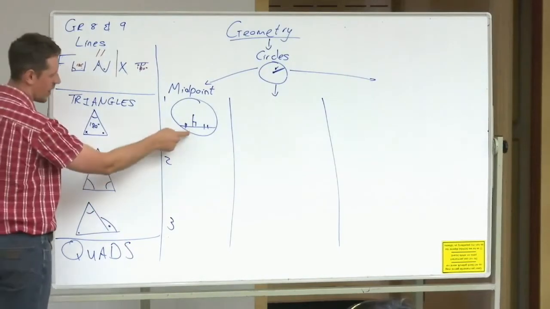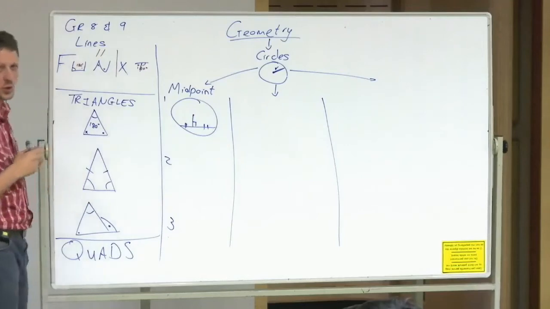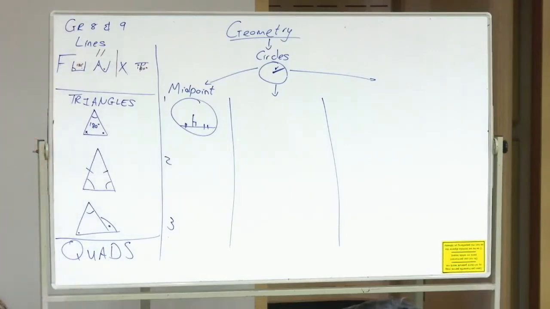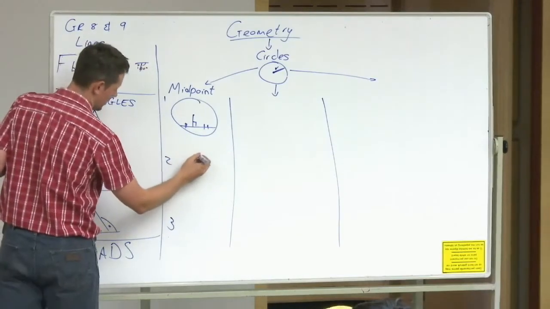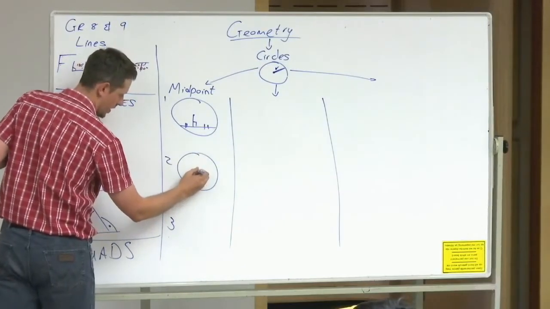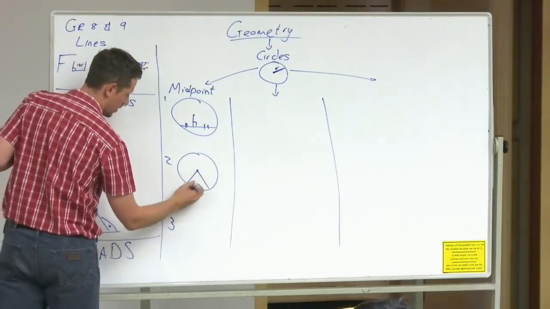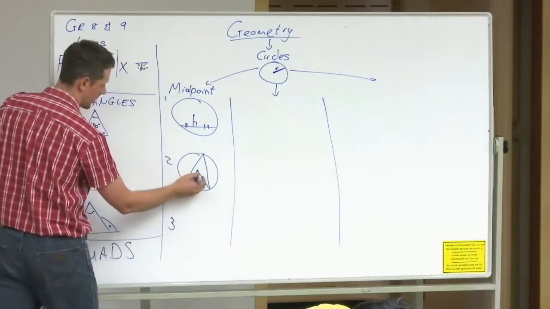The second way is by proving that the radius is perpendicular to the chord. Then I have equal sides. Okay? The second theorem that I like to look at is then the midpoint theorem, which says the angle at the center is equal to twice the angle at the circumference.